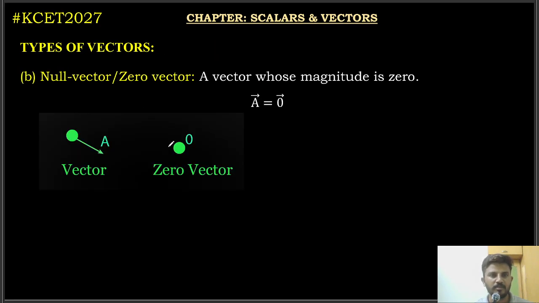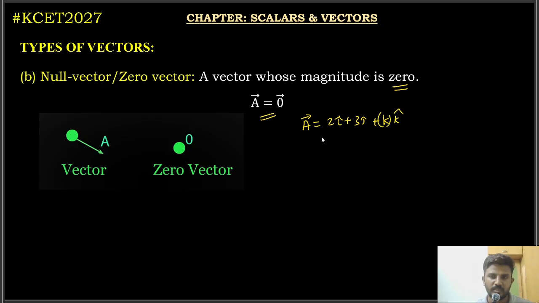Then we have the null vector. What is a null vector? The vector whose magnitude is 0 is called a null vector. For example, take vector A equal to 2i cap plus 3j cap plus some constant k into k cap.